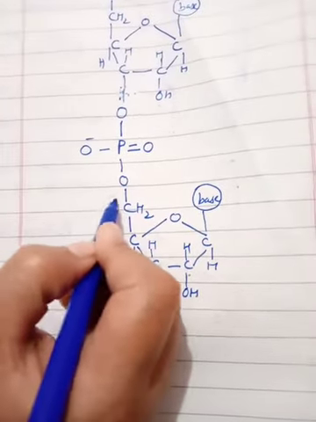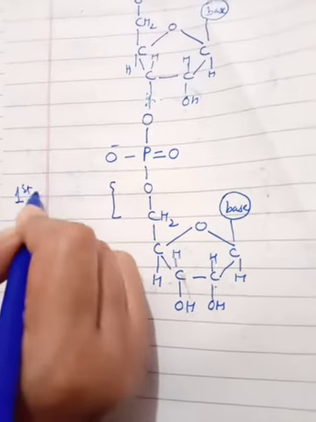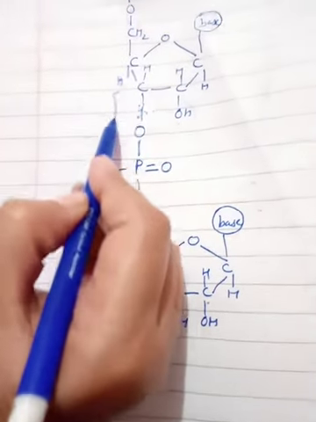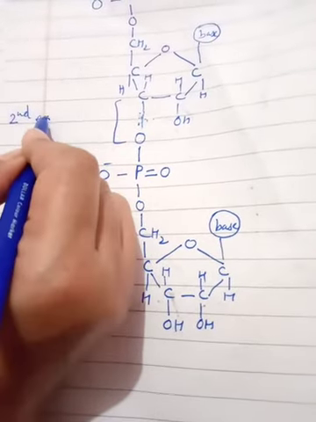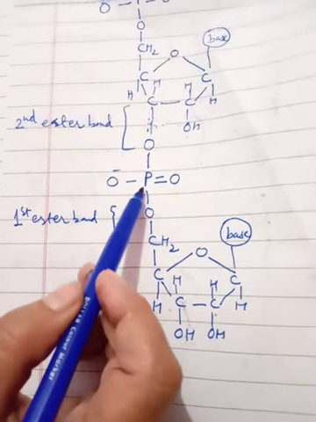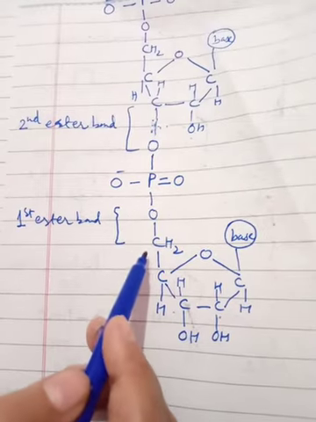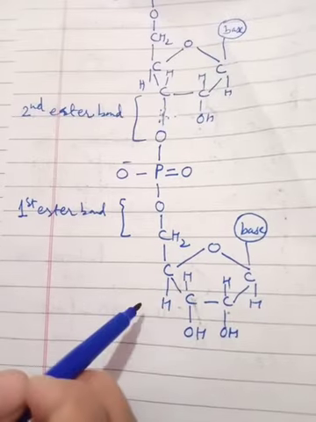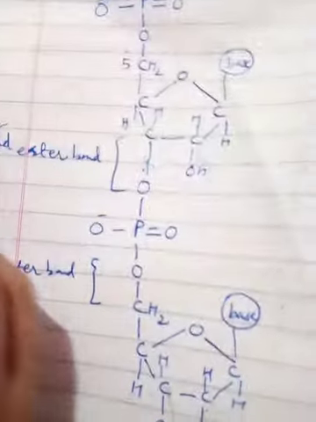This is the first ester bond, and this is the second ester bond, which are linked through what? Through the phosphate group together. That's why this bond is called what? Phosphodiester bond.